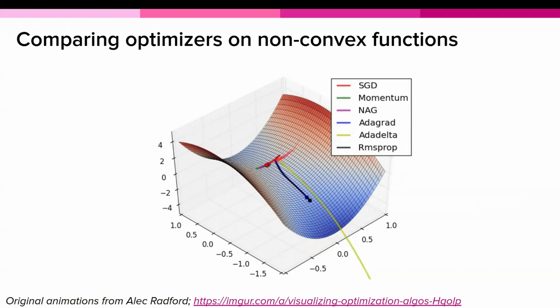Momentum oscillates back and forth for a bit before eventually gaining speed to catch up with the others. Starting with stochastic gradient descent, we see that it's very slow and struggles to make significant progress. Without adaptive scaling or momentum, it just follows a straightforward, consistent path, but is slow.